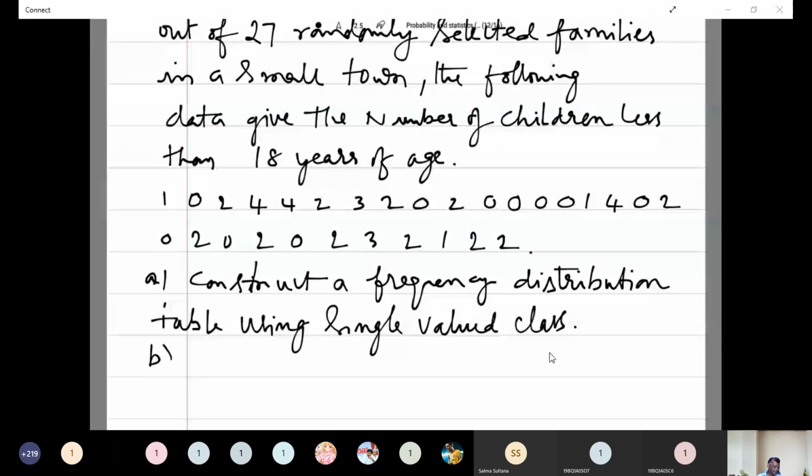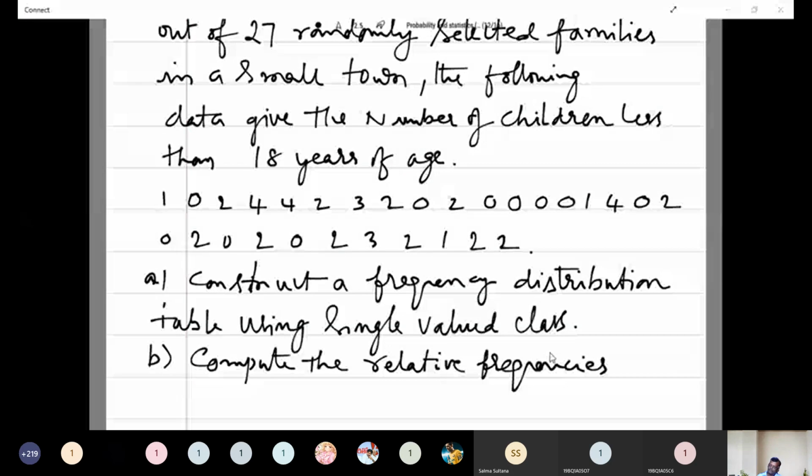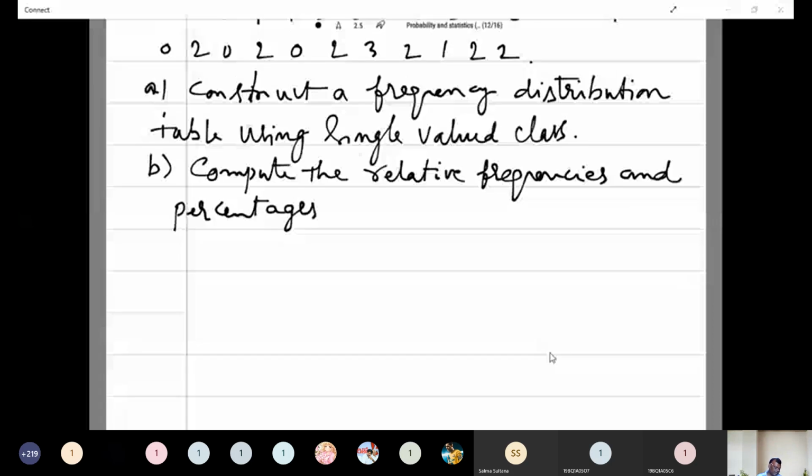B. Compute the relative frequencies and percentages for all classes.